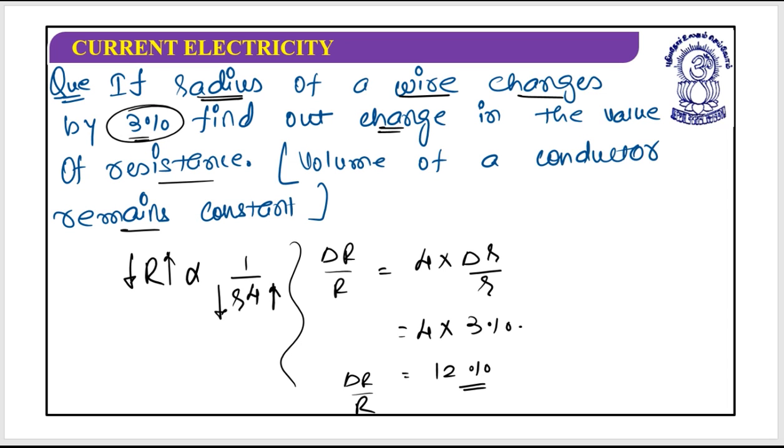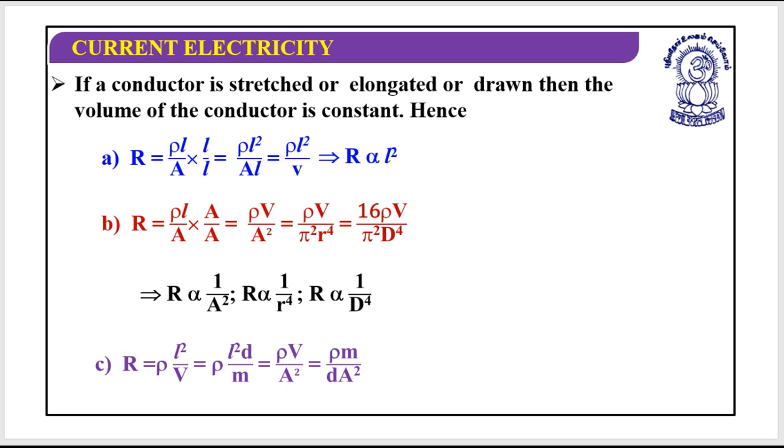Okay. Let's have a look at a summary of all the situations that we have discussed. If a conductor is stretched or elongated or drawn, then the volume of the conductor is constant. In this situation, R is equal to rho L by A, and R is directly proportional to L square.